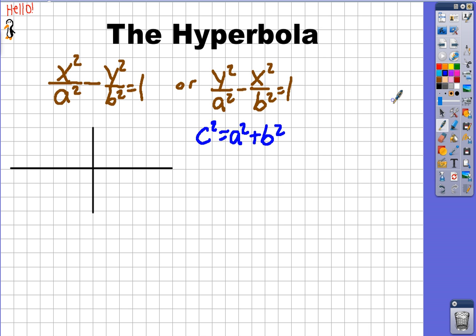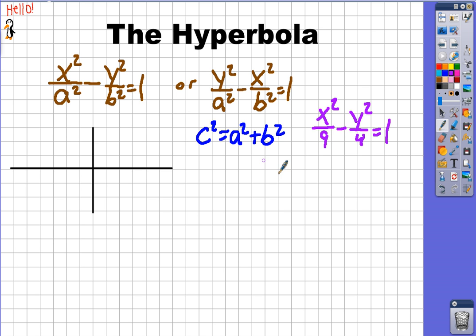So let's take an example problem. Let's go ahead and say we've got x squared over 9 minus y squared over, I don't know, let's say 4 equals 1. So there's our standard form. It's going to be centered at the origin.